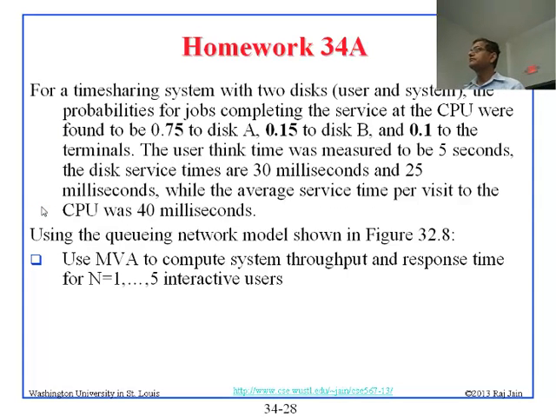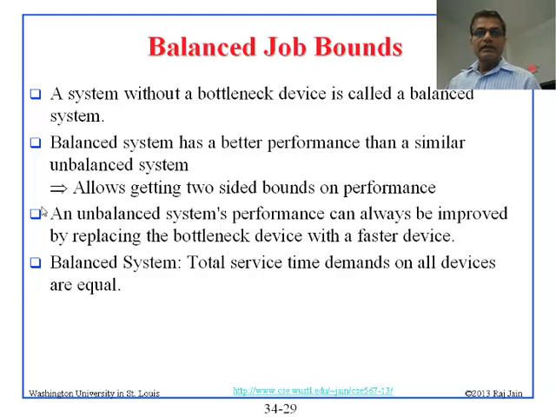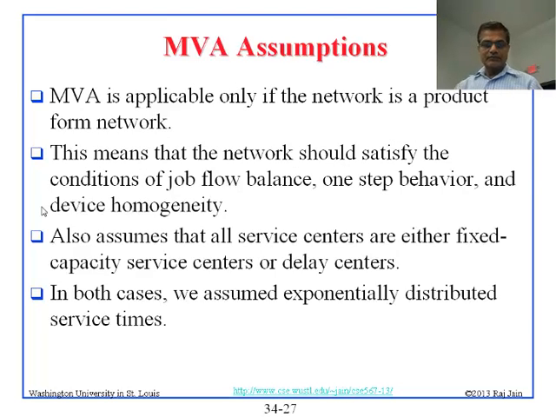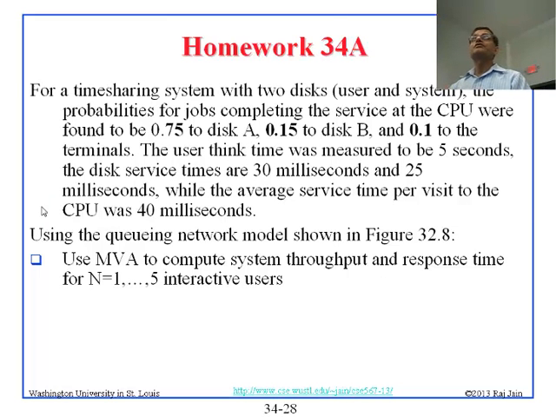Let's see. Maybe we can go to the next one. All right, so let's go to the next one. Any question about the MVA? That's the thing, before I go to the next one. Any question about MVA? Homework. In your Excel worksheet, the first row you have to fill in by yourself, zeros. The second row, which is number of users equal to 1, you have to program.